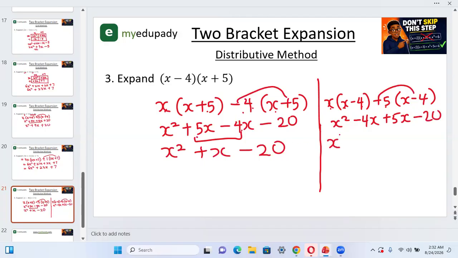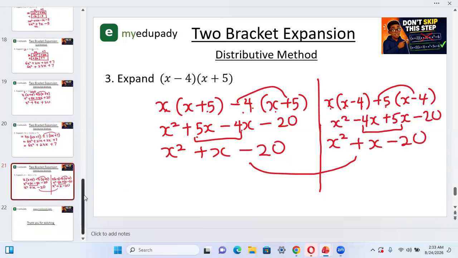So this gives us x squared, minus 4x plus 5x, which means you have plus 1x, the same thing as x, then minus 20. So if you look at the two, you see that they are the same. Irrespective of the method you decide to use, irrespective of which you are distributing, you are going to get the same answer. I hope you've learned a thing or two in this video.